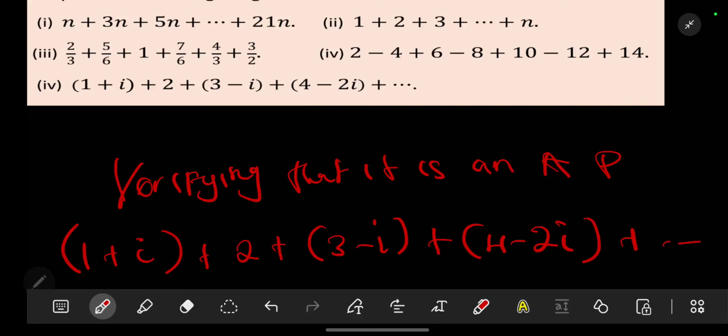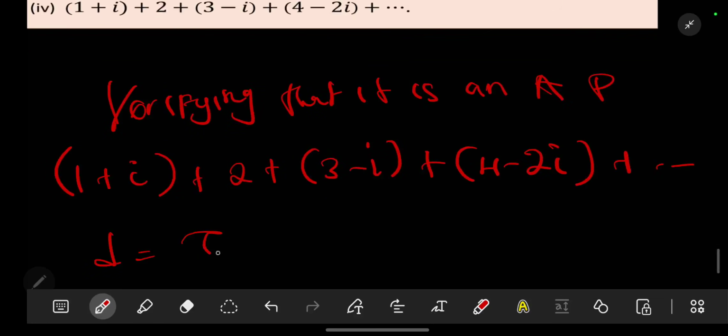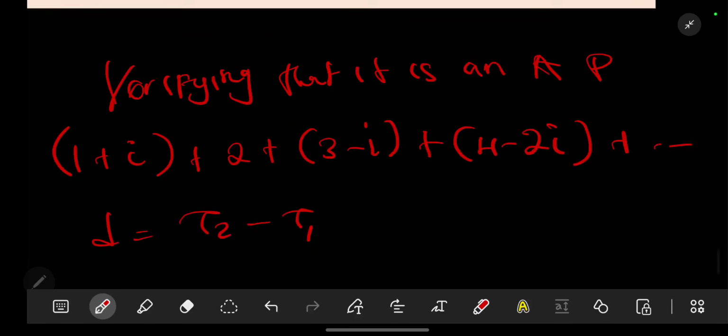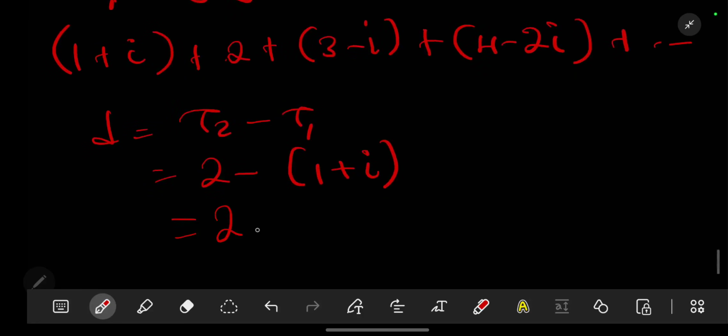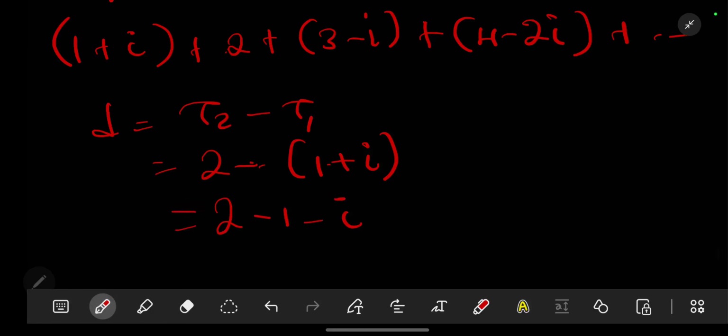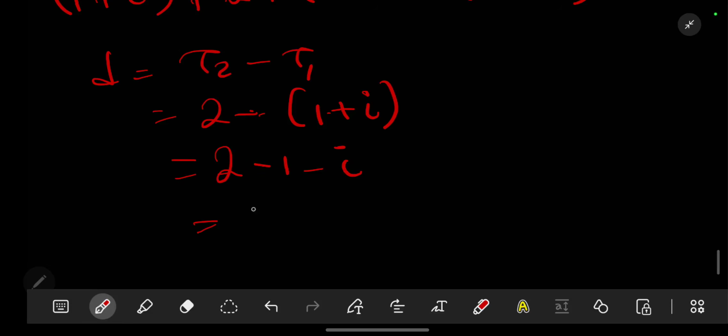So verifying if it is an AP, we find d. So d is equal to term number 2 minus term number 1. So term number 2 is 2 minus the first term, which is 1 plus i. So opening the bracket, it will be 2 minus 1 minus i, which will be equal to 1 minus i.